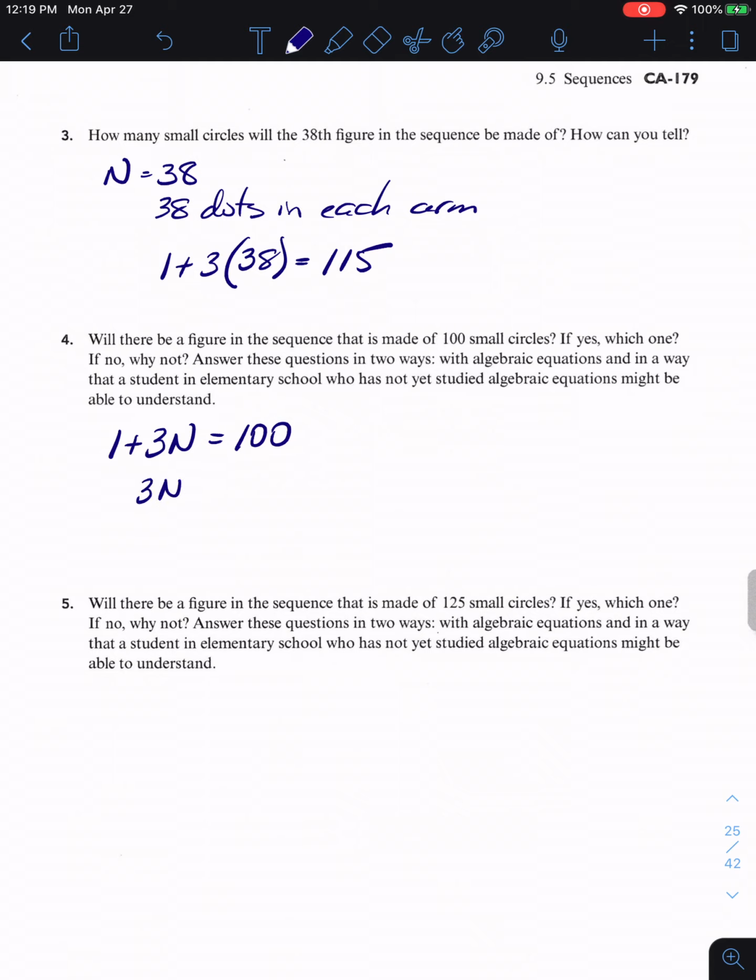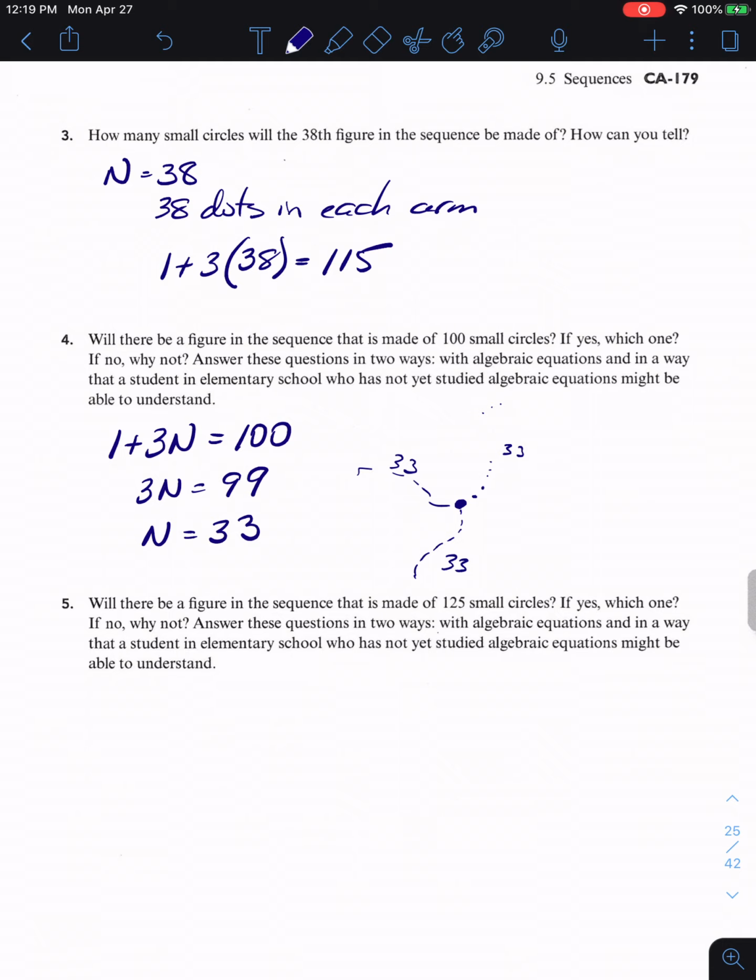So would 3n ever be 99? Could 3n ever be 99? If it is, how many dots will there be in each arm? Well, there'd be 33 dots in each arm. So that's quite possible that we'd have 1 dot here, and then 33, and 33, and then 33 here.